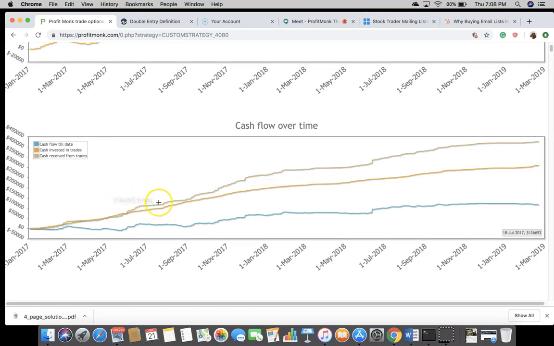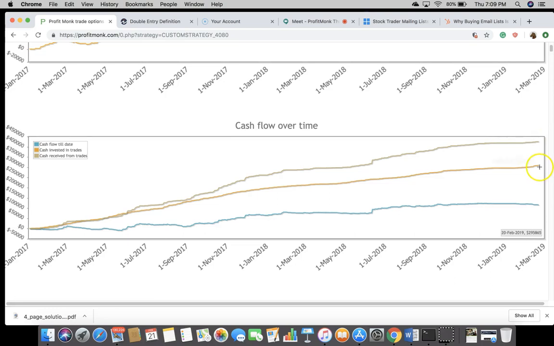And this gray line is telling you, while you are making those investments, how much cash you are receiving from those trades. This looks like a pretty healthy line, and by this point it is at 424,000.